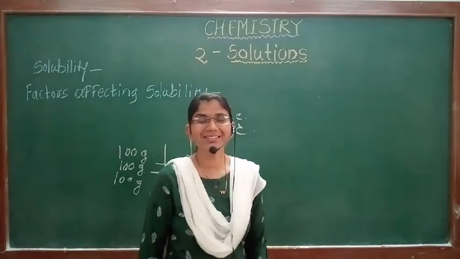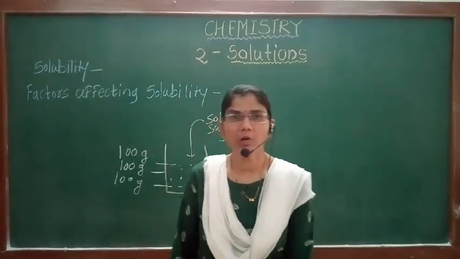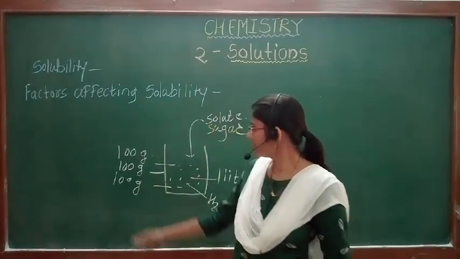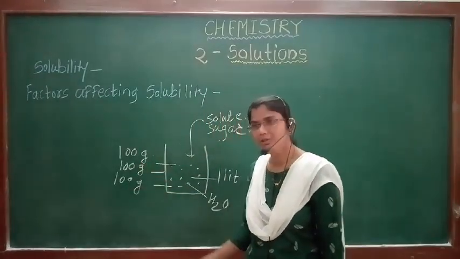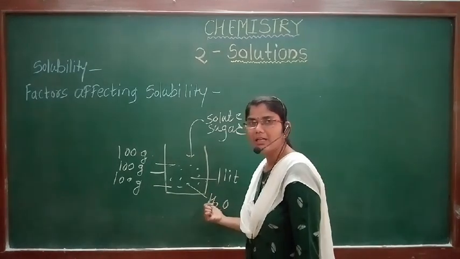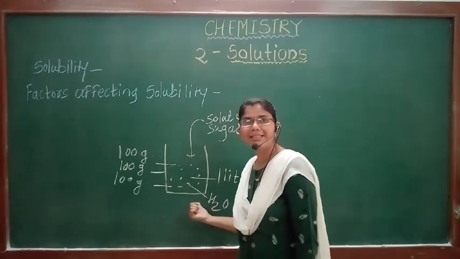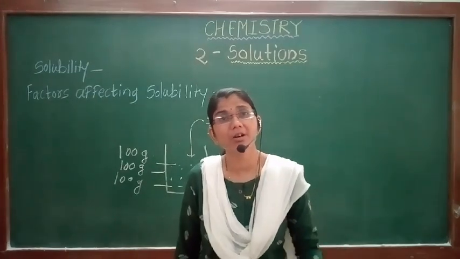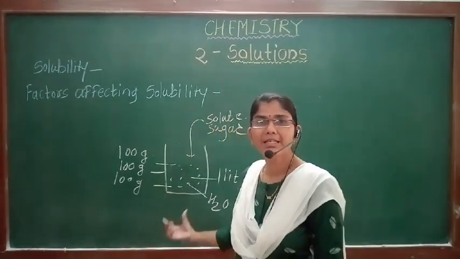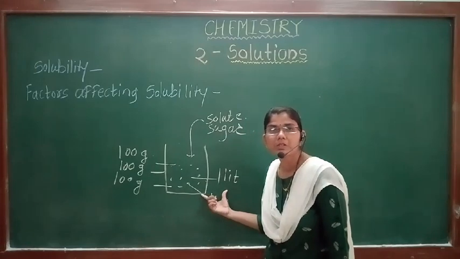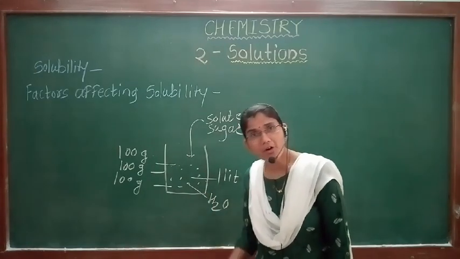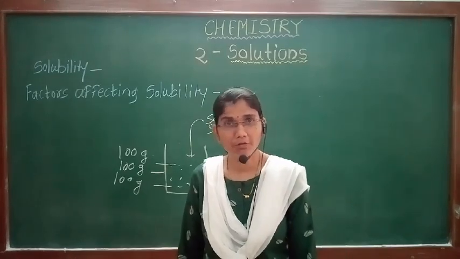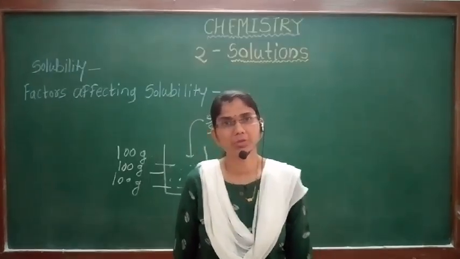If we add 300 gram of solute in this 1 liter of solvent water, then all 300 gram of the solute gets dissolved completely in the given amount of solvent, and they form a saturated solution.